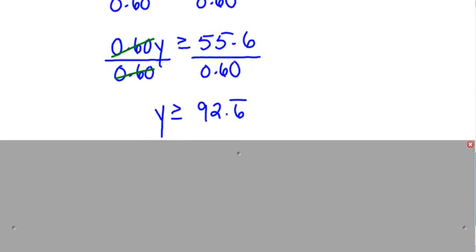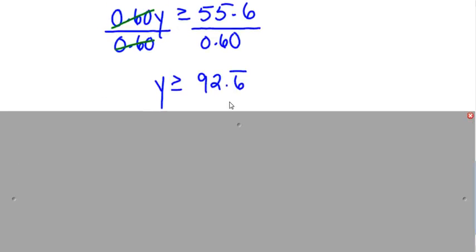So we have to ask ourselves, what does this mean? Well, this represents the score at minimum needed to be taken on the final exam in order to earn the course grade that is desired. Now we have to remember we're talking about points, and points would be whole number scores, so we have to go up to 93 points for this.